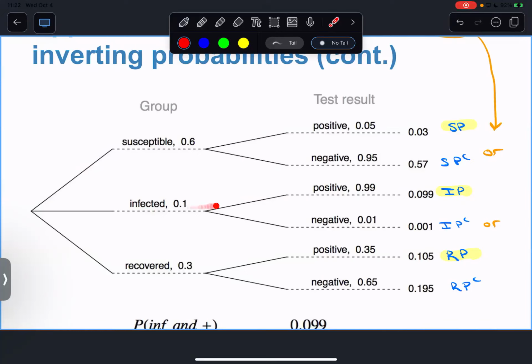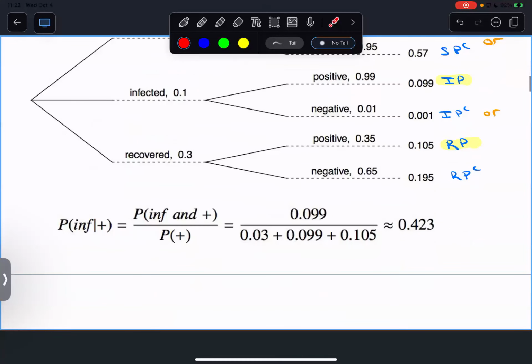It has to be infected and positive, which has a probability of 0.099. So that one's not hard, but then we divide by all the positives. They're not going to cancel. Why? Because I'm adding in the denominator and I would need a common multiple in order to cancel, which is tempting, but it doesn't.